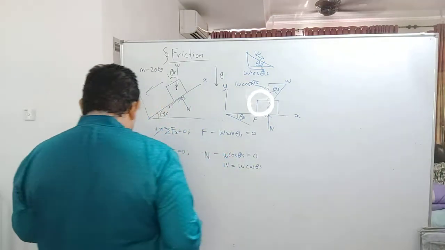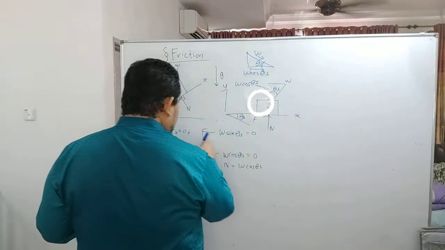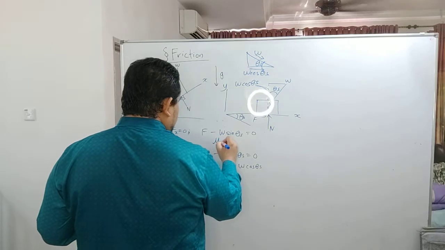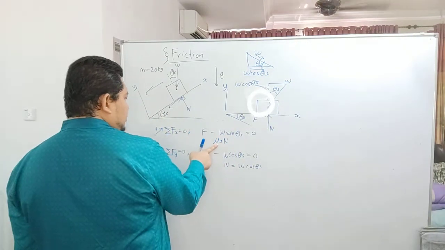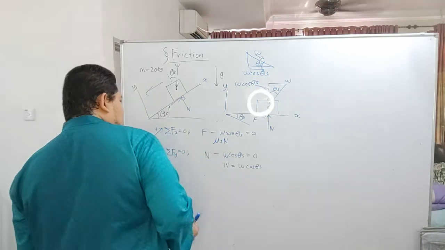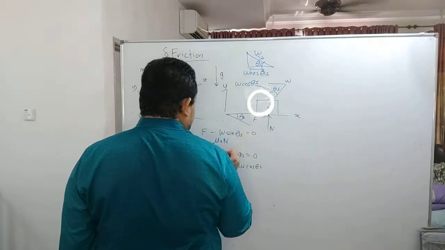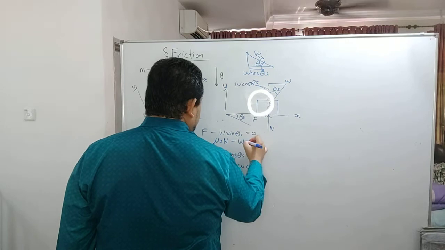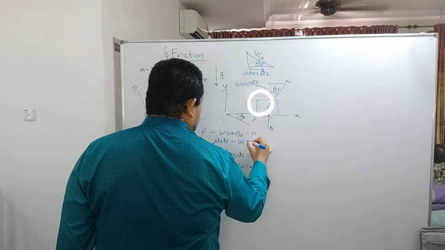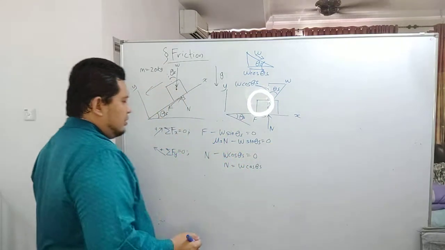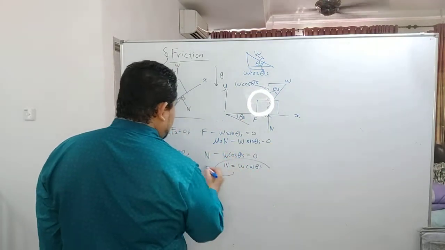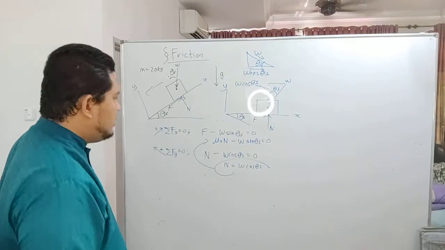For example, over here you have mu s N, because F is equivalent to the coefficient of static friction times the normal force, minus weight W sine theta s, which is equivalent to 0. So just replace this value into here.